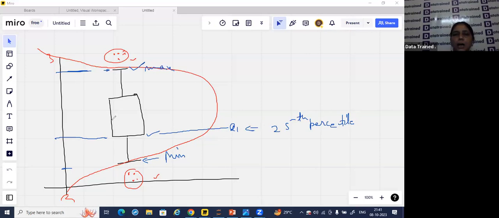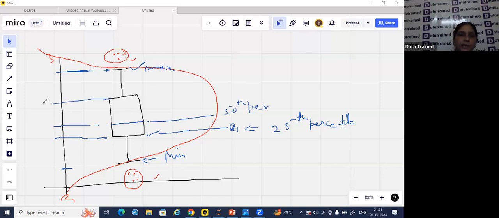And how much percentile is this one? So here, this one is median, 50th percentile.